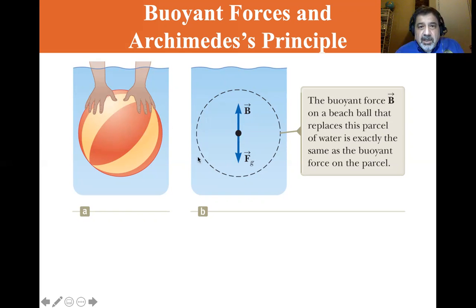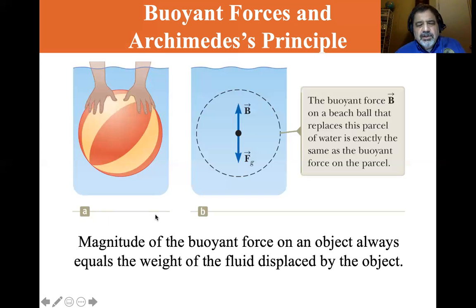Since this amount of water has so much greater mass than the empty beach ball, the force is upward. That's the buoyant force. So that's why it's so difficult to push an inflated ball down underwater. So the magnitude of the buoyant force on an object always equals the weight of the fluid displaced by the object.